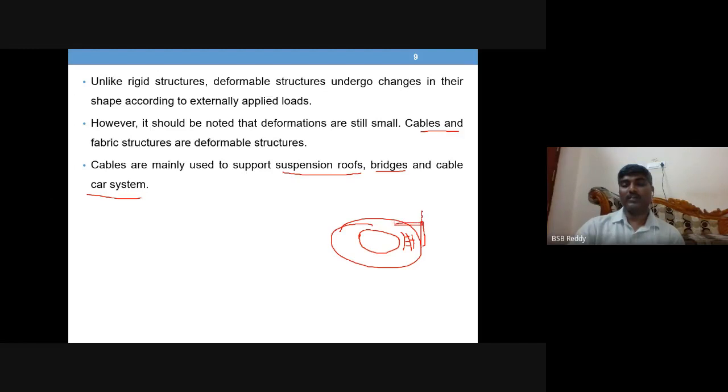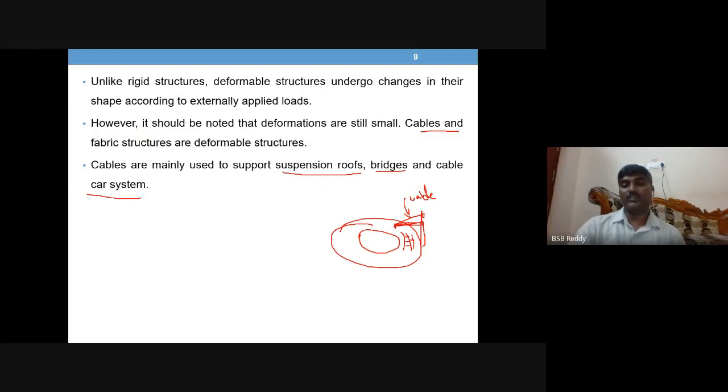So a cable. This is a roof suspended by cable. This is a cable, and this will be the roof.